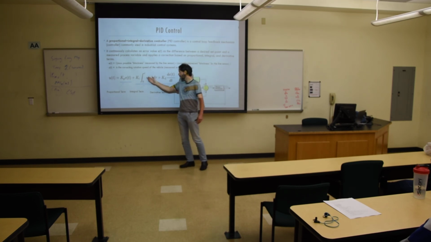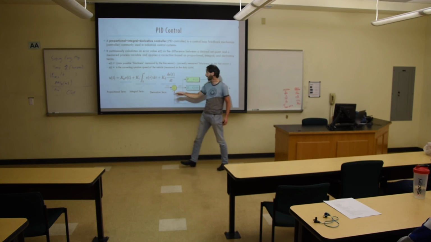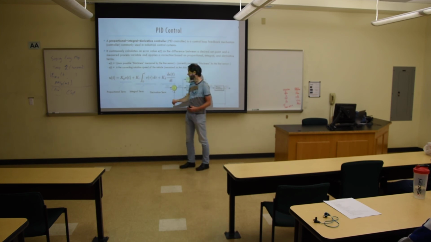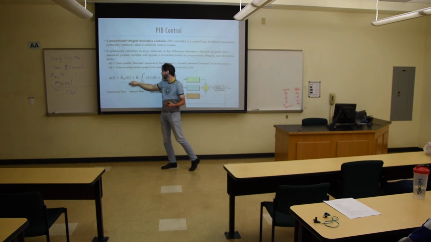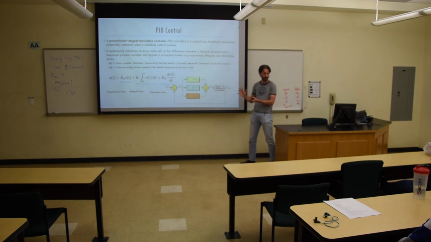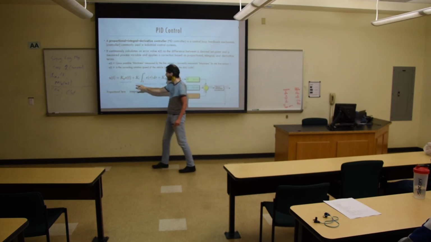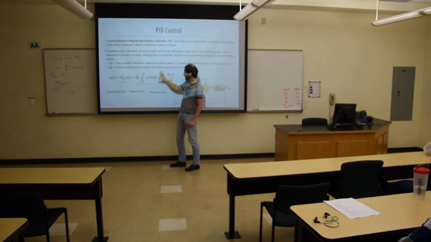For the integral term, I could just simply add the sum of all the previous errors that I have measured. The proportional term is what I currently measure. Now the question is, do you apply this type of mechanism in its full generality? Probably not, but you can at least start thinking about it this way, that there is this option for you to get into this particular framework.